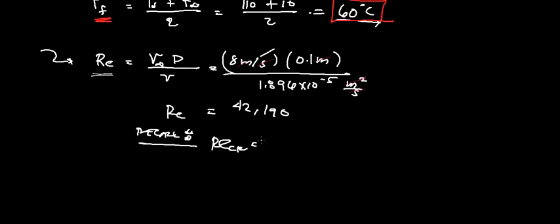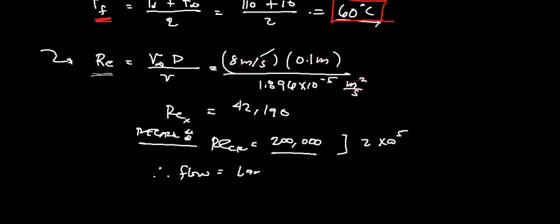In our condition, our critical Reynolds number is 200,000, or 2 times 10 to the 5, right?